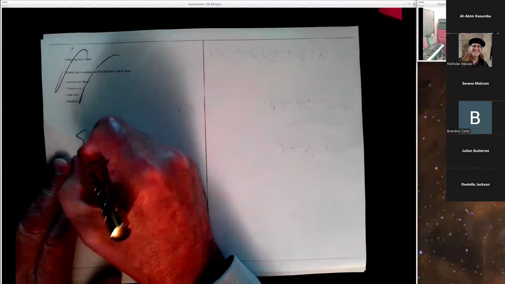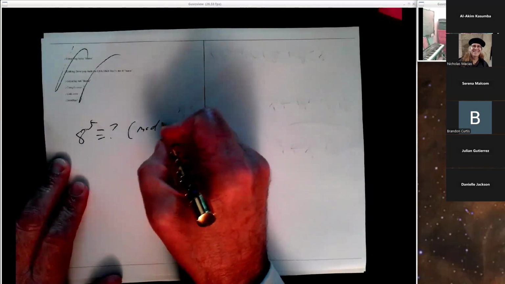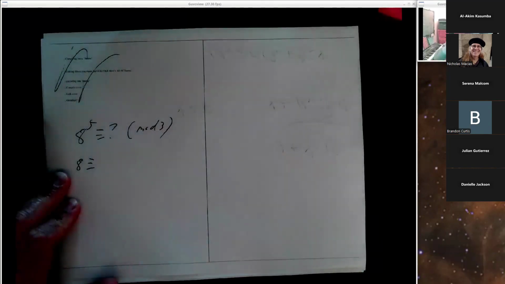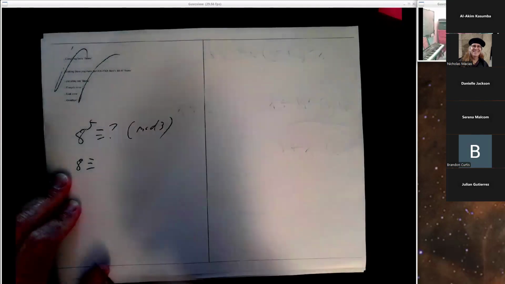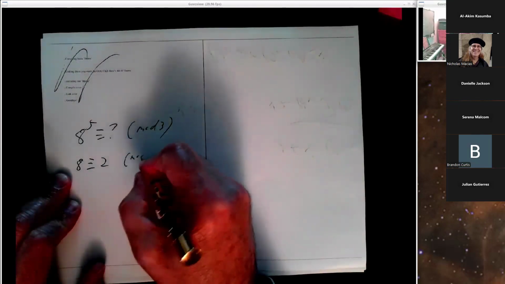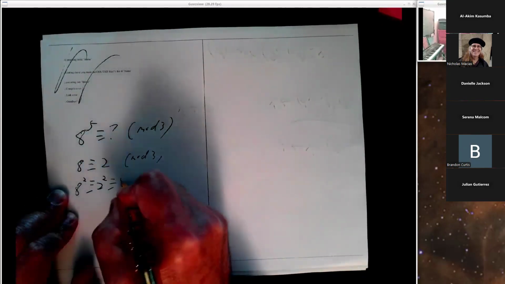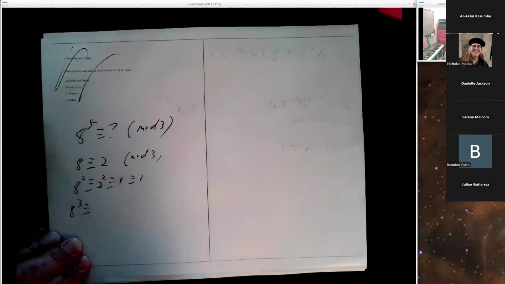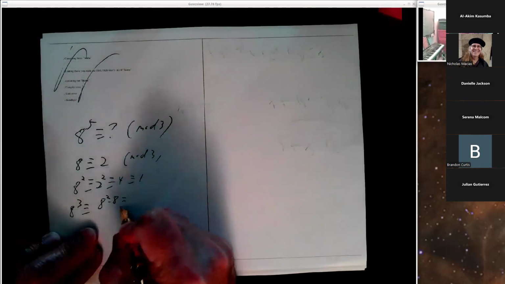But suppose we wanted to do 8 to the 5th is congruent to what modulo 3? Well, 8 is congruent to what? 2. 8 is congruent to 2, thank you. So 8 squared is congruent to 2 squared, which is 4, which is congruent to 1. 8 cubed will be congruent to 8 squared times 8.